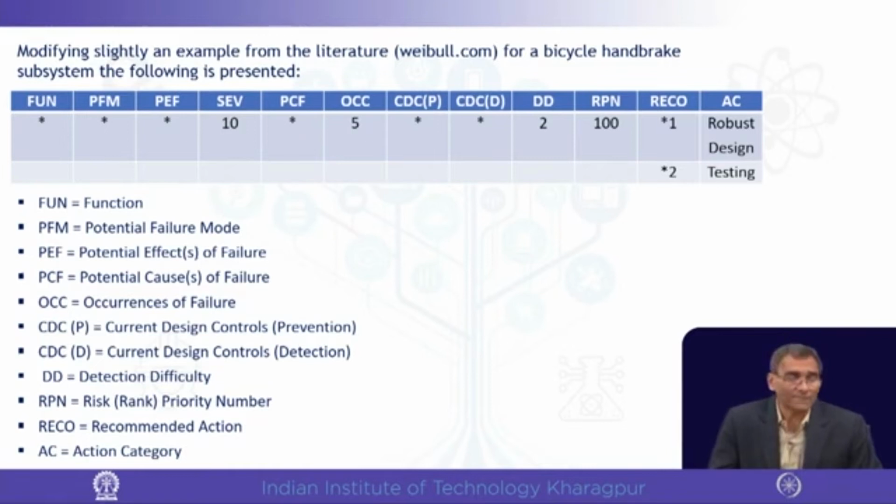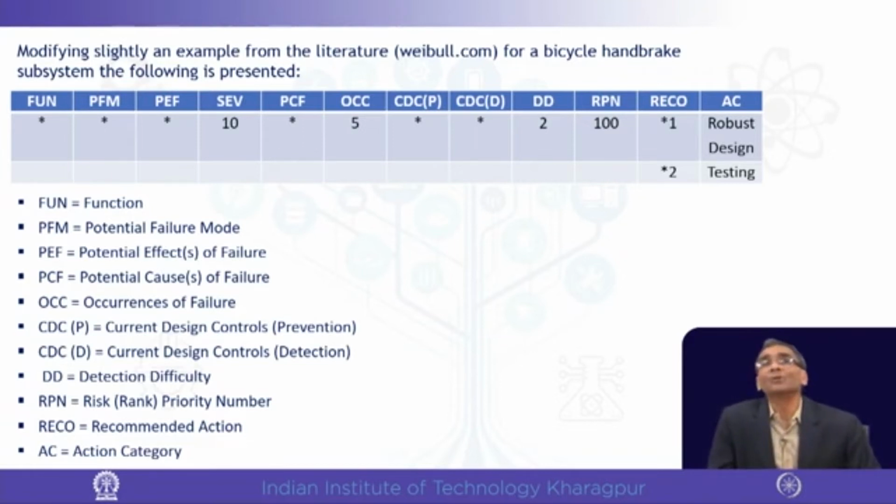Then potential failure mode, potential effects of failure, potential cause of failure, OCC, occurrence of failure, current design control, current design control detection, detection difficulty, RPN, risk priority number, recommended action, which I just now mentioned, what to do, and finally to understand which action category it comes to. So, all these have been defined here.